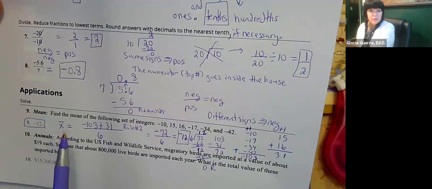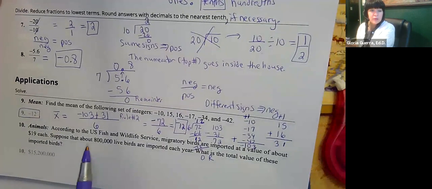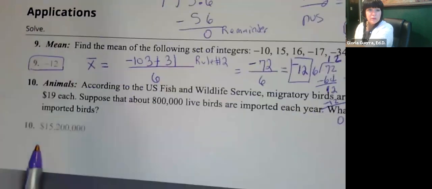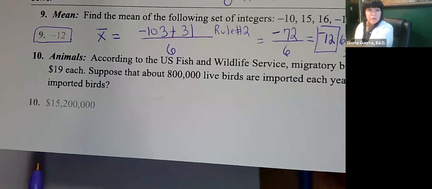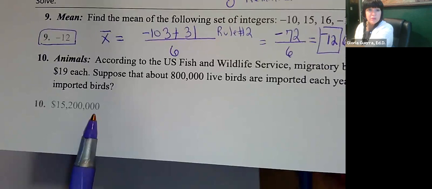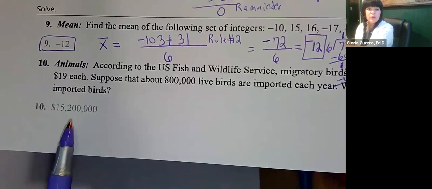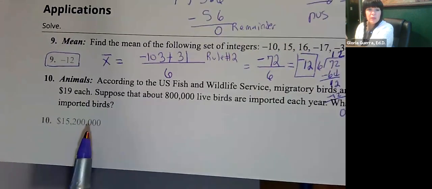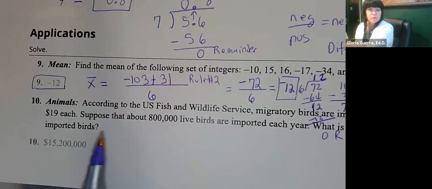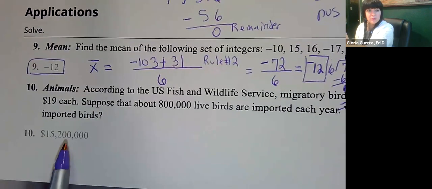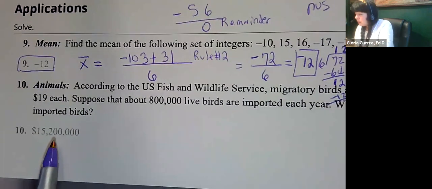So like I didn't do this problem, but the answer for that looks like it's hundreds, thousands, millions, 15 million, 200,000. That's a big answer. So I don't always do every single problem, but if you want to do that on your own and see if you get that result, and if not, you can communicate with me through a Canvas inbox email if you're curious about that.